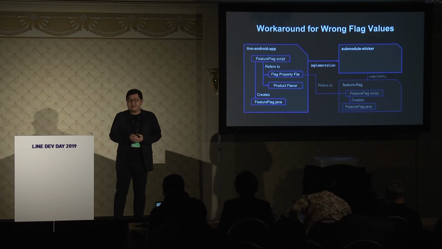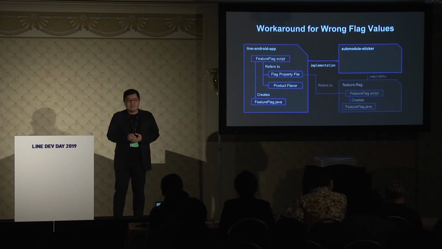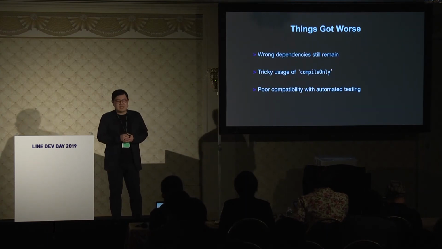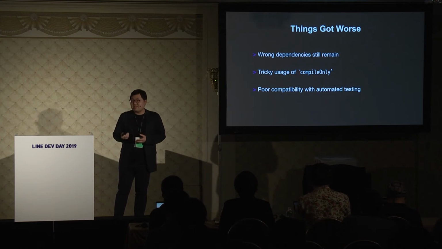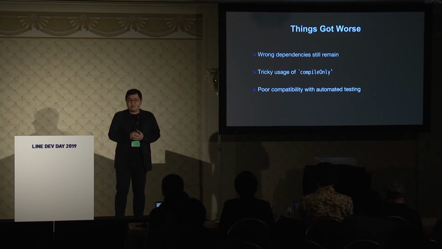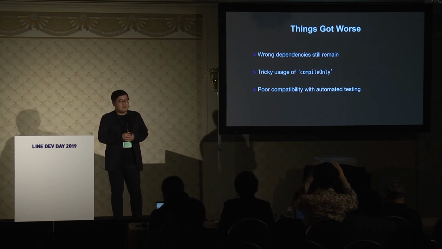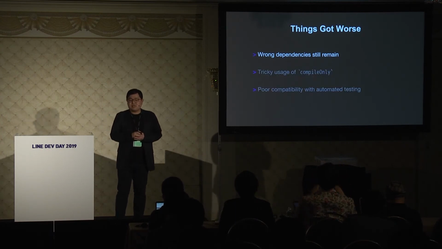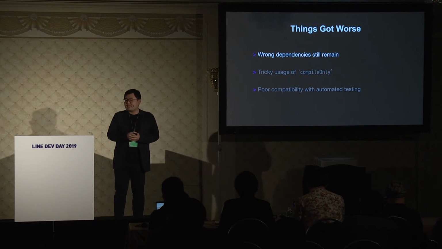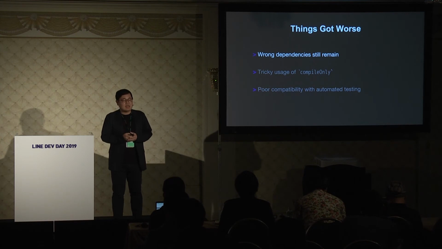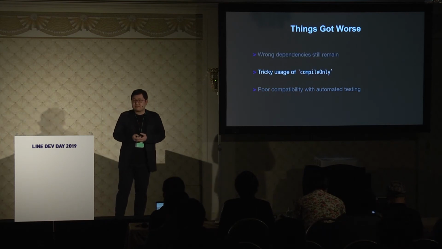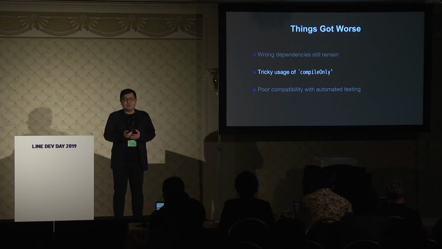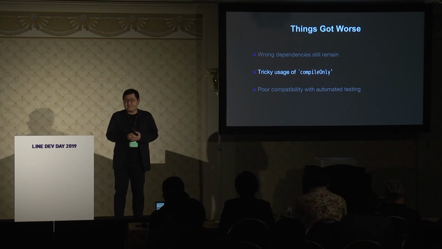However, this is a workaround. So the wrong value problem, the one problem, was solved, but actually more problems occurred. So there are three new problems created by this workaround. First, the wrong dependency relationship, the reverse reference issue, was not solved.